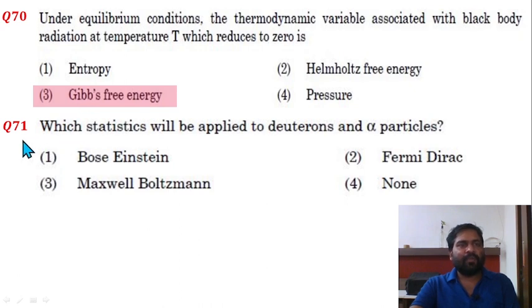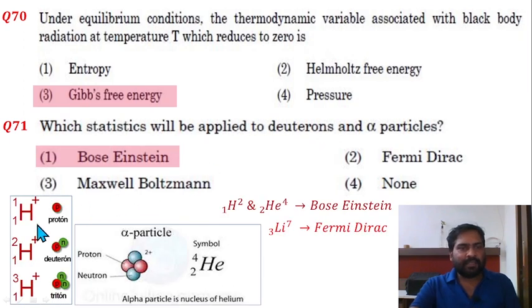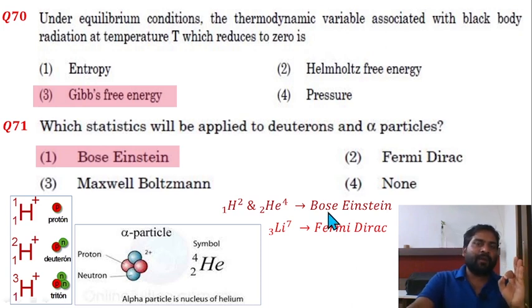Question 71. Which statistics will be applied to deuterons and alpha particles? Deuteron 1H2 and alpha particle 2He4 both have an even number of nucleons. When the number of nucleons is even, the spin is an integral multiple, and whenever the spin is an integer, it follows Bose-Einstein statistics, or they can be treated as bosons.